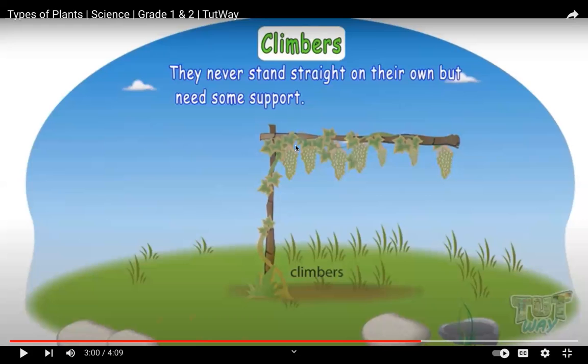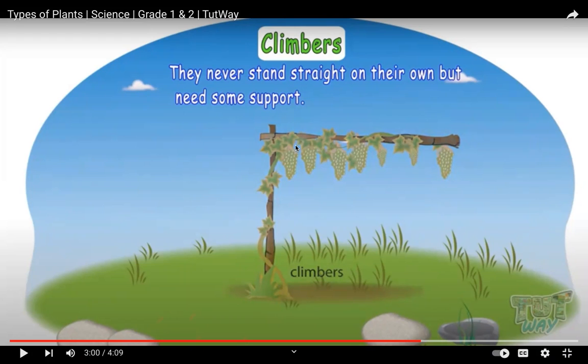Plants that need support to grow and go upward. These plants are called climbers. Very good. Can you give me an example, Tuhin? Yes, ma'am. Like gourd, pumpkin. Very good. Excellent.